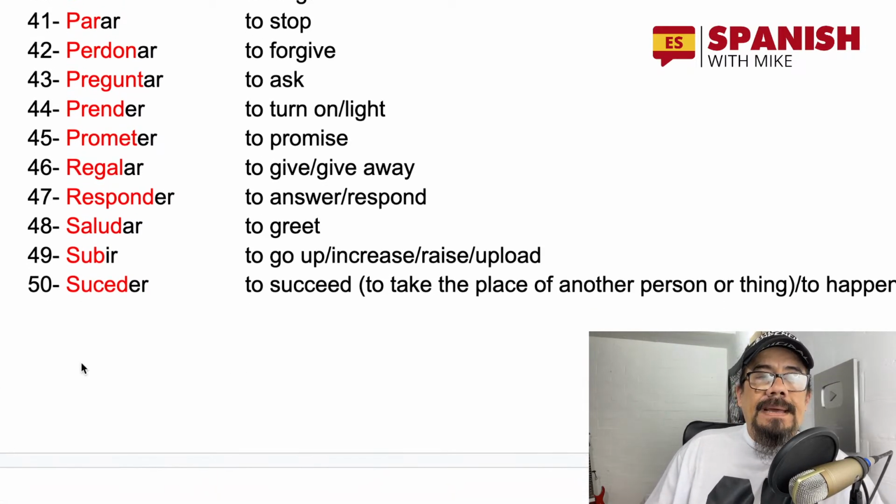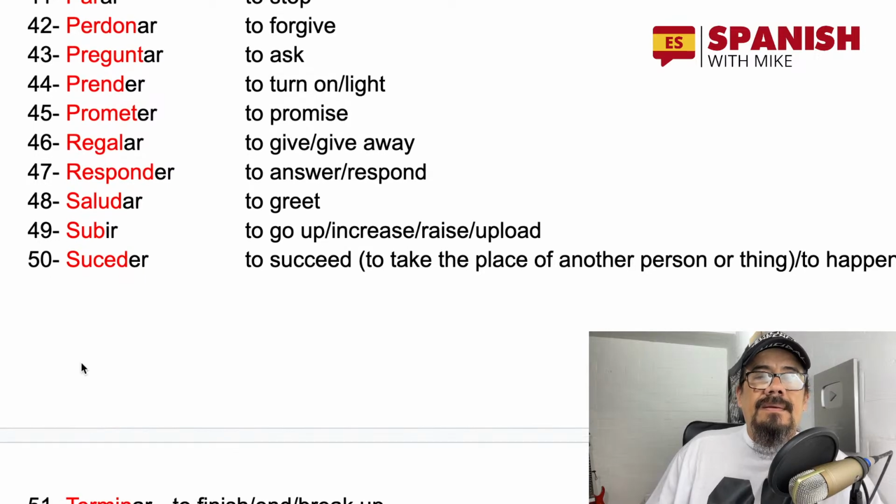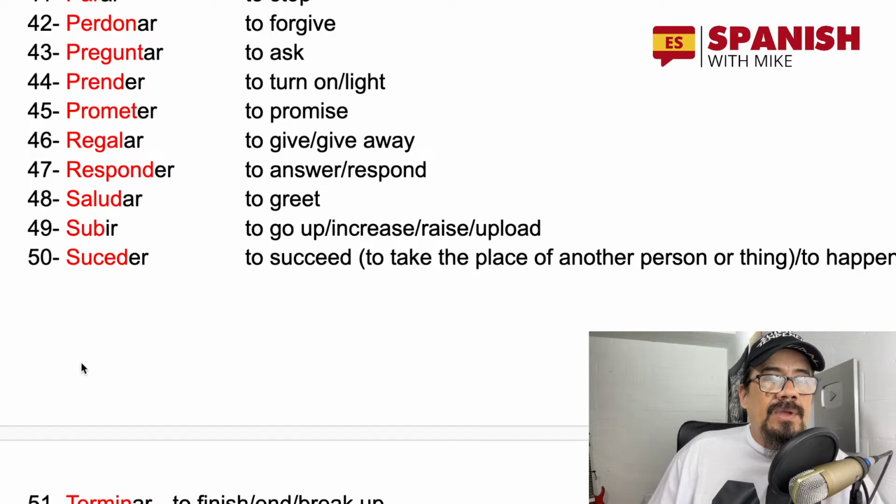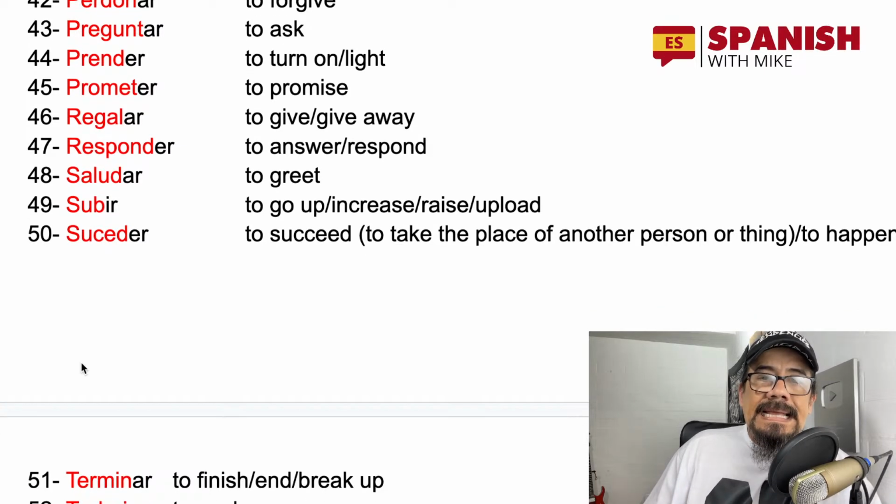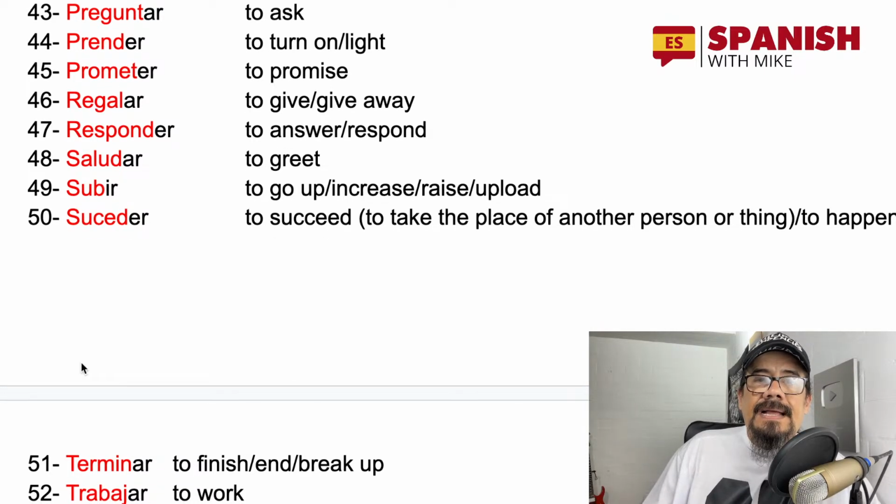Number 42, perdonar, perdonando. Number 43, preguntar, preguntando. Number 44, prender, prendiendo. Number 45, prometer, prometiendo.